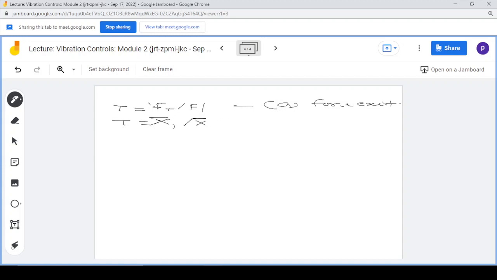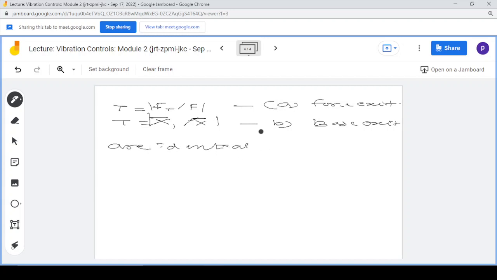This is the equation for base excitation. Now we can see that these are identical in nature.